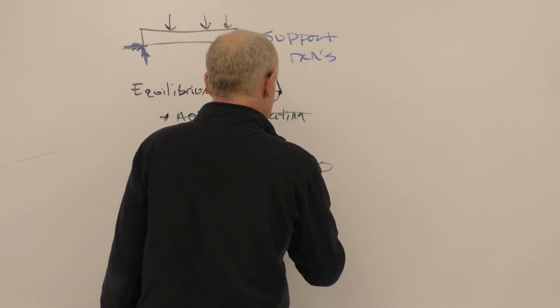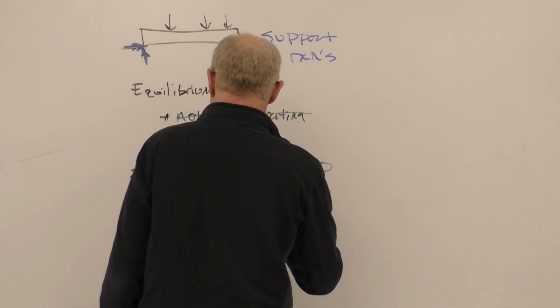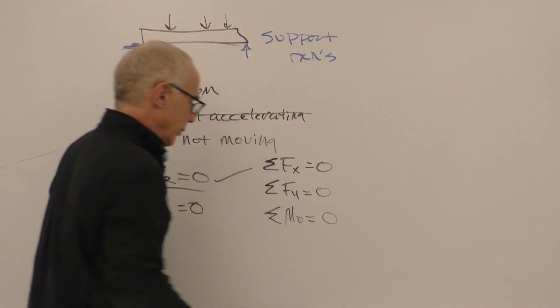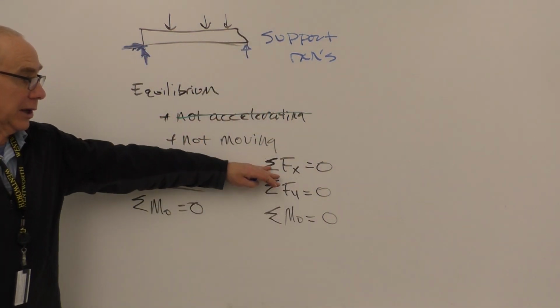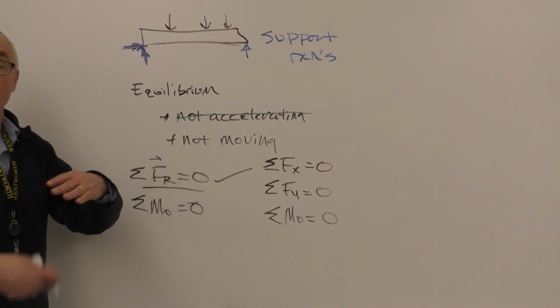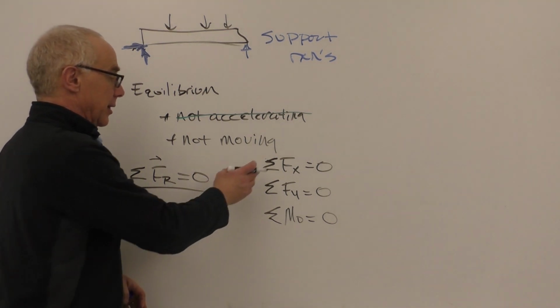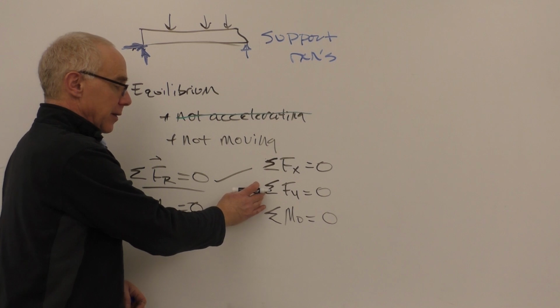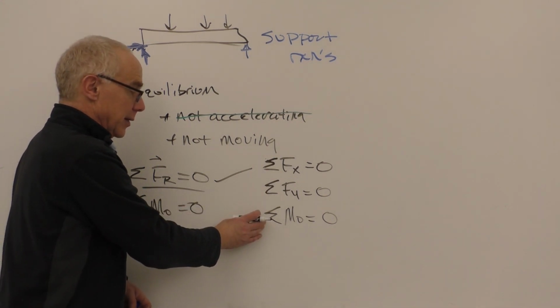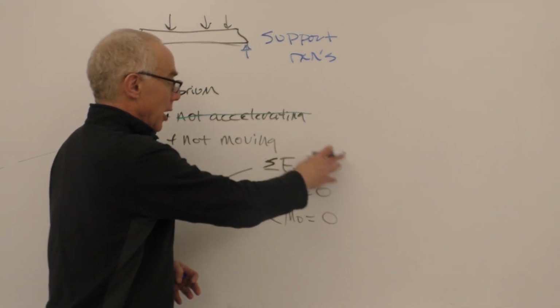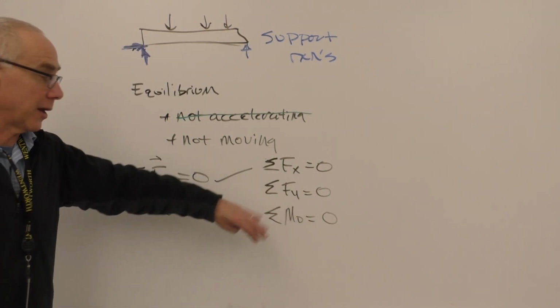The sum of the forces in the y direction equals 0, and the sum of the moments equals 0. So you end up with 3 equations, and in a lot of your homework problems, you're going to do this over and over and over again. Get this in your head. Sum of the forces in the x direction, sum of the forces in the y direction, sum of the moments about some point, you can pick the point. They're all going to be equal to 0, and that's how we're going to solve the problem.